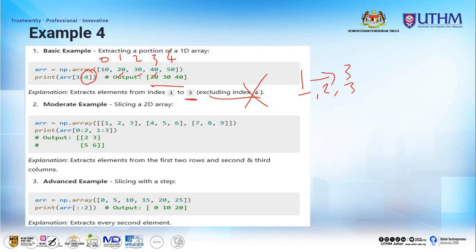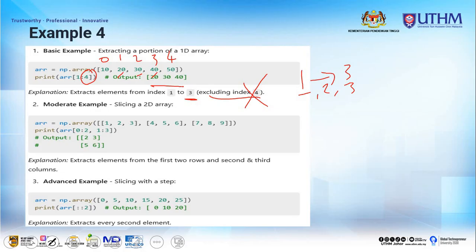Slicing a two-dimensional array. If you run this code, definitely you will get the output automatically, but you just need to understand how we do the slicing. So we have a two-dimensional array here with 1, 2, 3, 4, 5, 6, and 7, 8, 9.